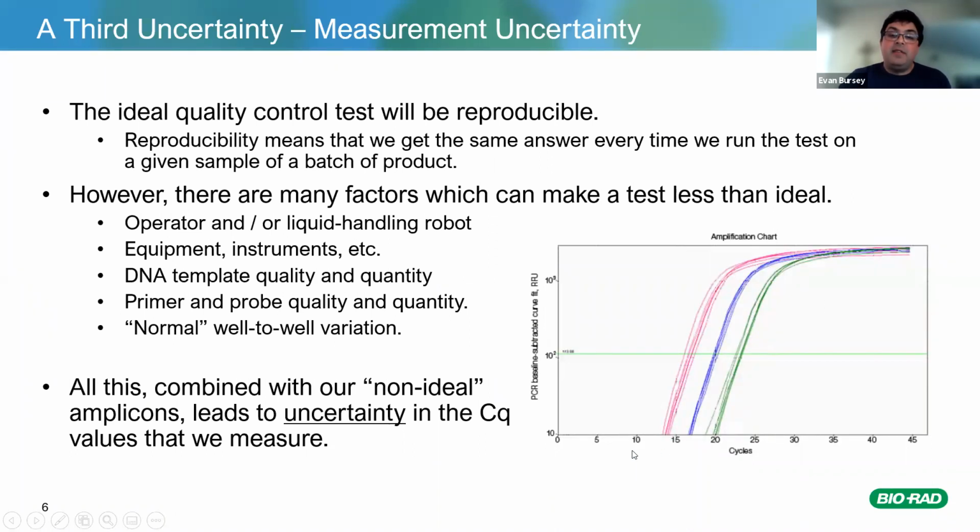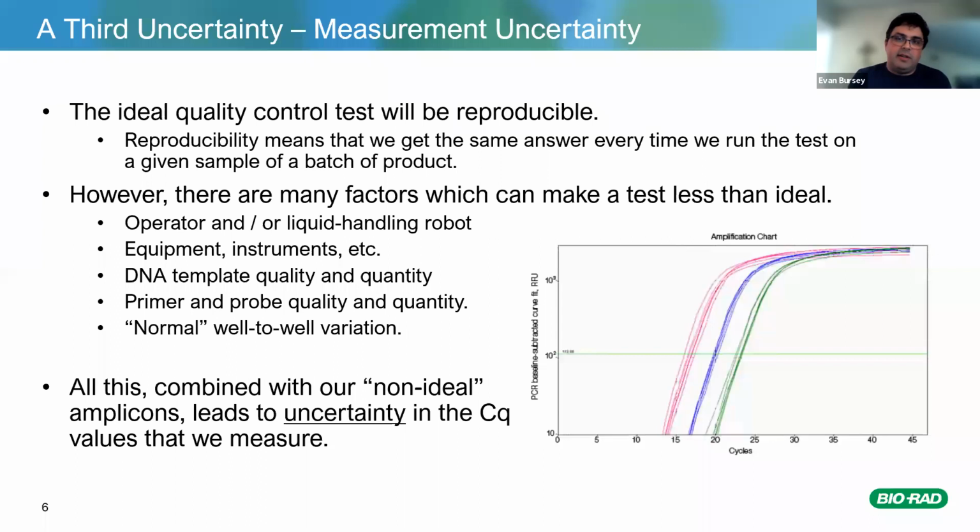Oftentimes anything that comes up around cycle 10 is super nice and tight. And anything that comes up around cycle 35, it's just normal variation. You're going to see a spread in the CQ values that you measure. So combining all of this with the fact that we have our non-ideal amplicons means that we sometimes have a fair amount of uncertainty in the CQ values that we're measuring.